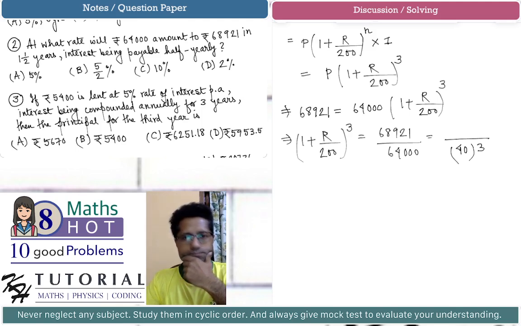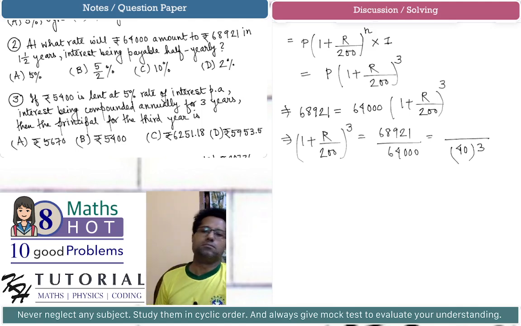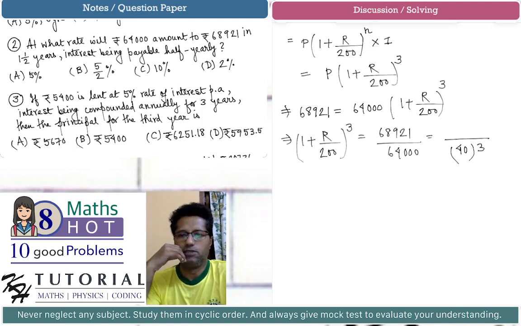Now, any number whose cube ends with the digit 1 should have a cube root that ends with the digit 1.